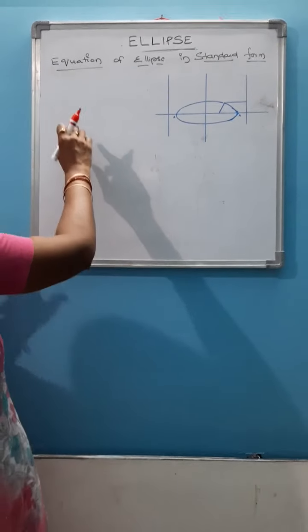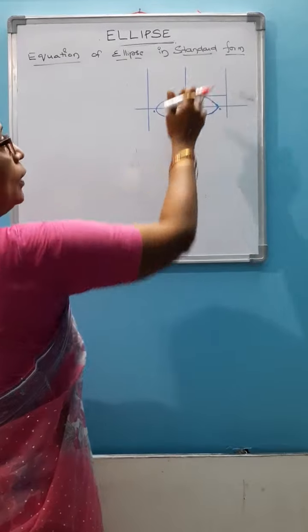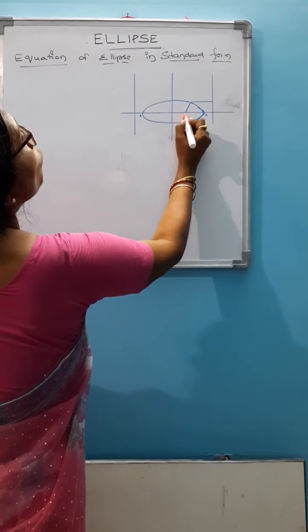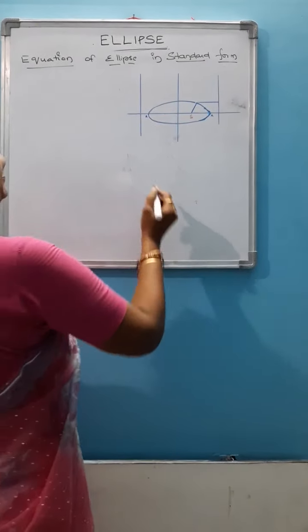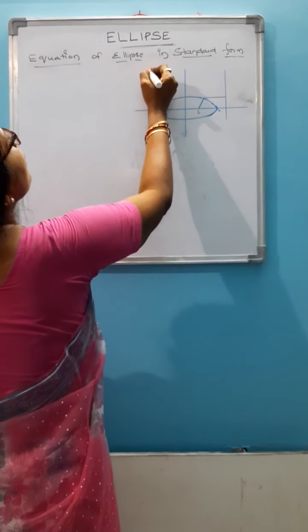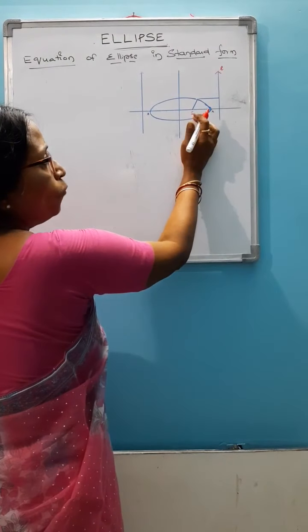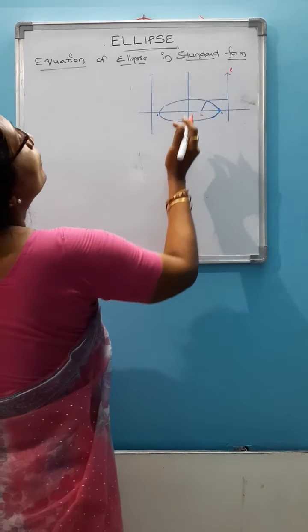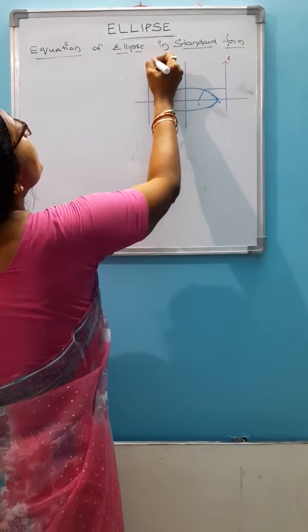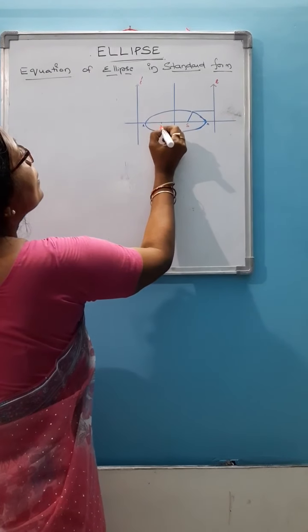Now we have to derive the equation of the ellipse in standard form. Let S be the focus of the ellipse, and L is the directrix corresponding to the focus S, and L dash is the corresponding directrix of the focus S dash.